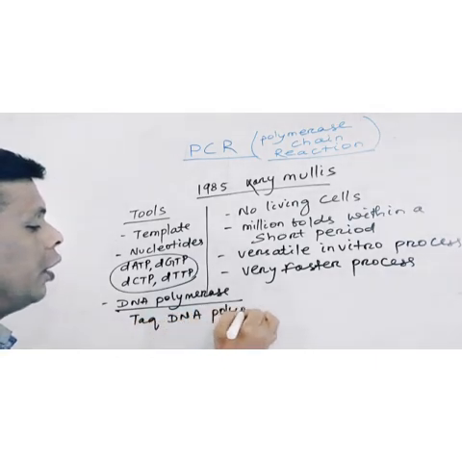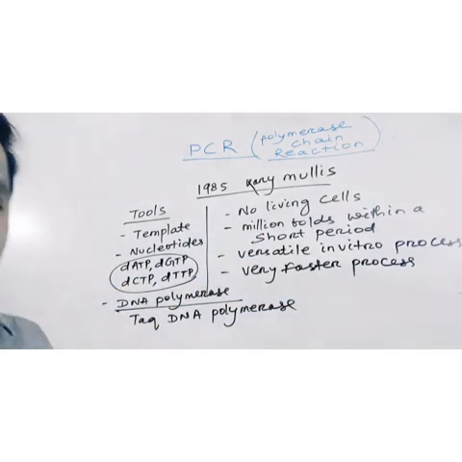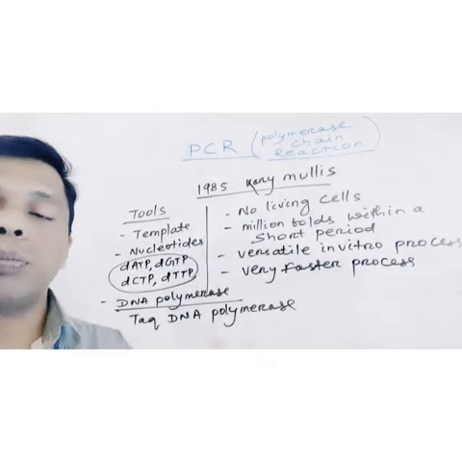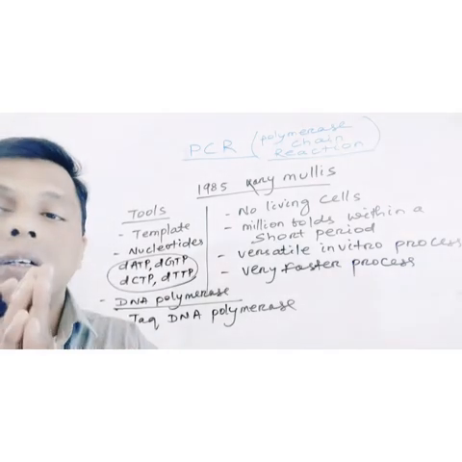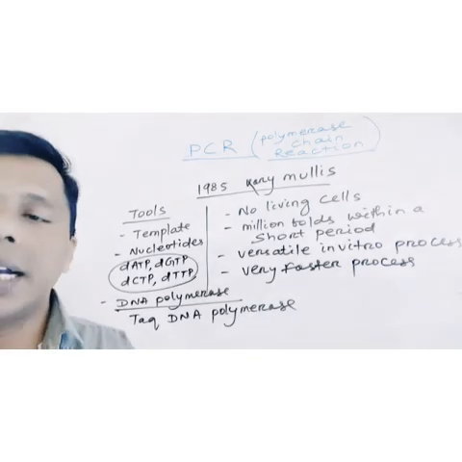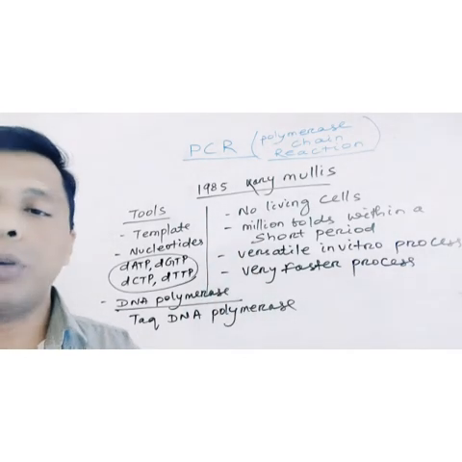In the process of PCR we are continuously denaturing and renaturing, that means we are increasing the temperature for converting the DNA into a single stranded template and again renaturing for attachment of primer.